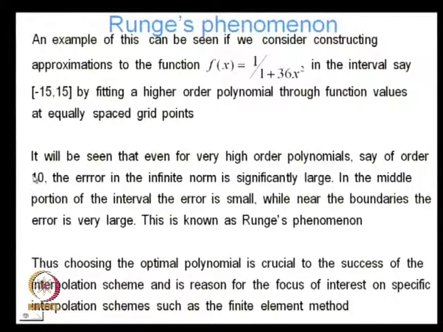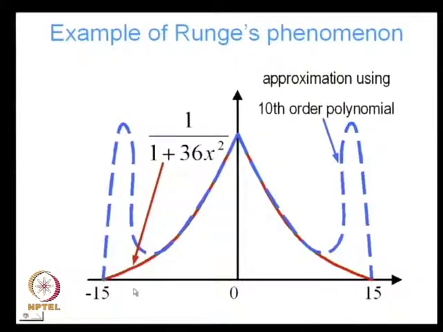I need 11 function values at 11 grid points, and I fit this red function, which is 1 over 1 plus 36x squared, over this interval using a 10th order polynomial with equally spaced grid points.